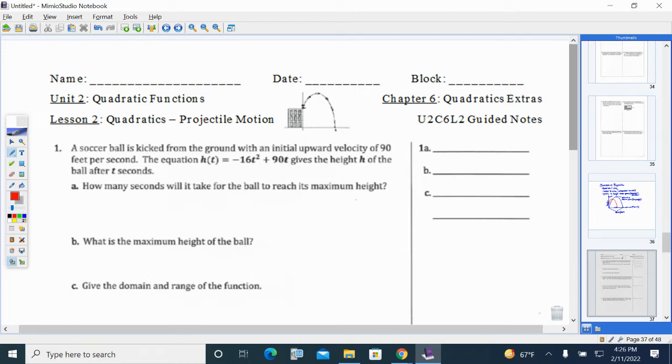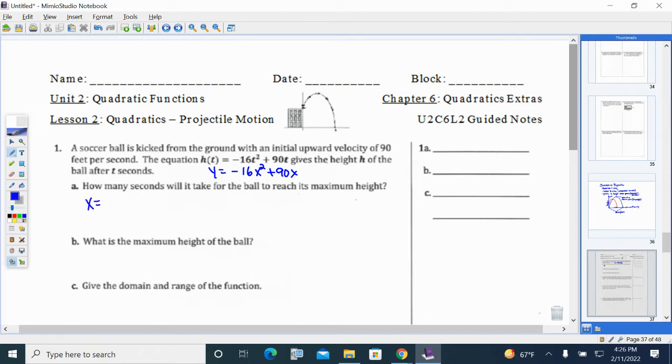First, we've got our equation, h of t, which is just another way of writing y equals negative 16x squared plus 90x. They use a t for time. To find the vertex, we first have to find the axis of symmetry.